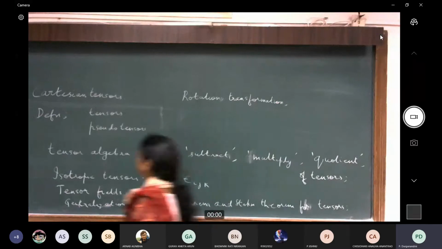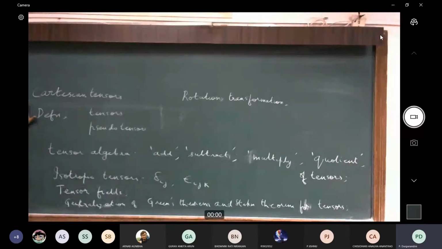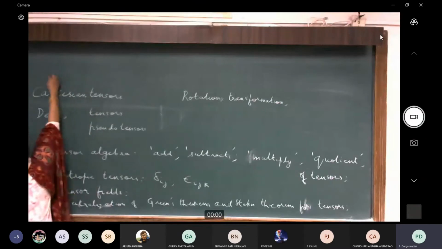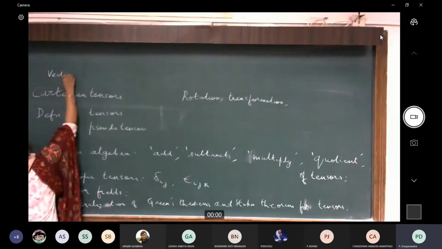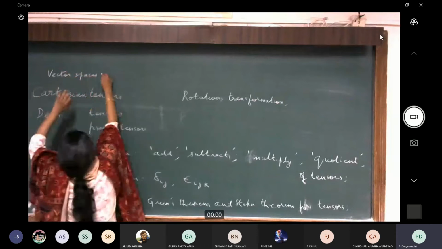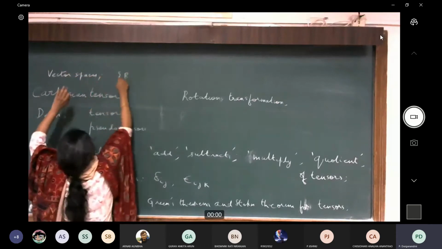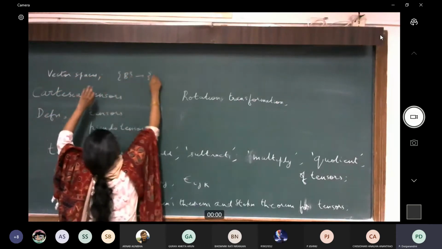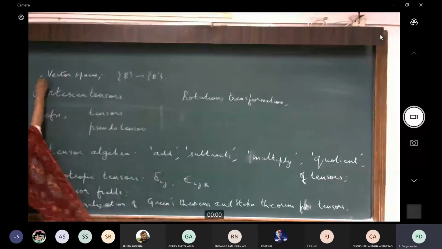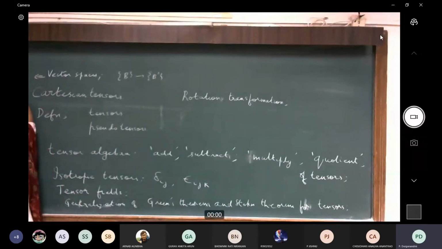So essentially, this is what we have done so far. As a prelude to this, I did a little bit of vector spaces, very little: given vector spaces, how to go from basis B to B primes, linear transformations, and so on. A very small review of this.